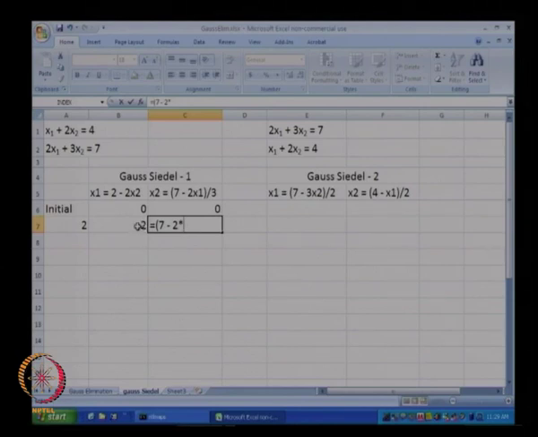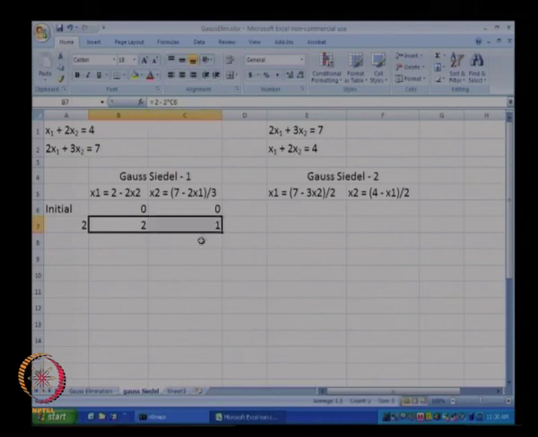So for x1, the previous value was 0, but in the second iteration we have replaced the value of 0 with the value of 2. Okay. So that is the value that we are going to use, and this whole thing is going to be divided by 3, and that is going to be our new guess, sorry, the new solution value that we will get from this particular equation.